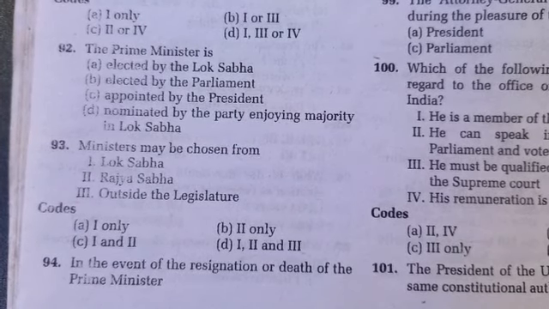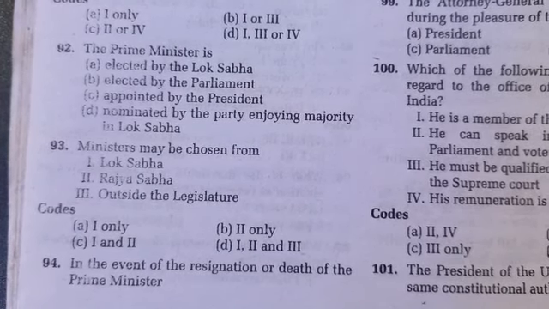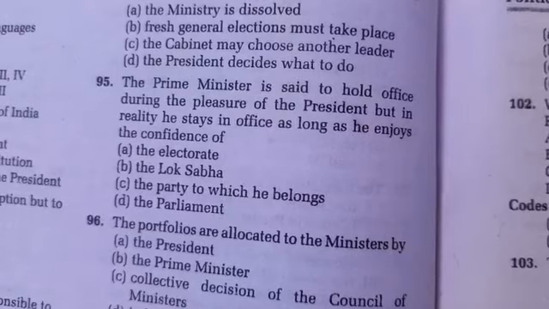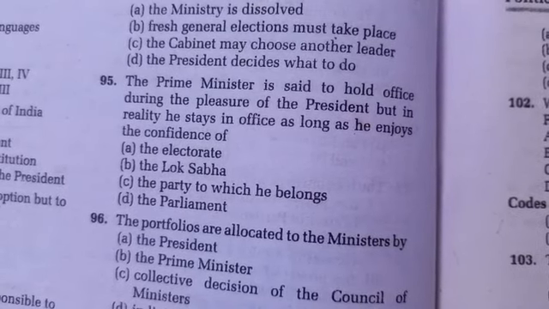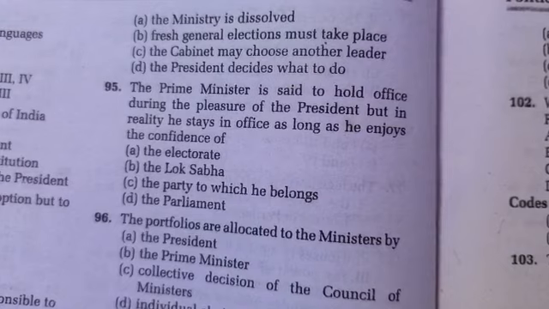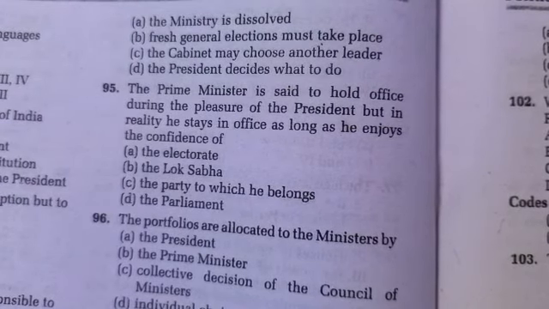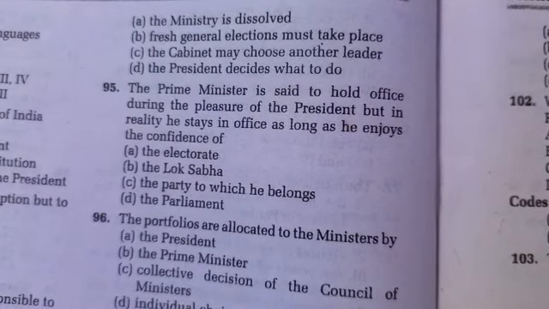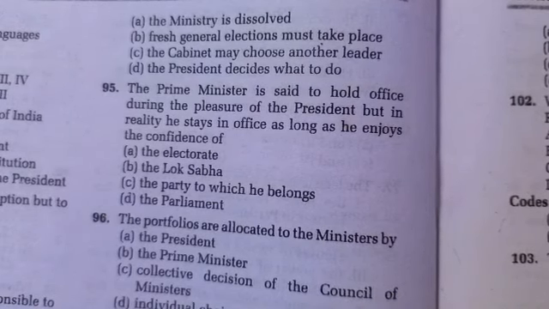In the event of the resignation or death of the Prime Minister, the ministry is dissolved, fresh general election must be taken place, the cabinet may choose another leader, the president decides what to do. So the correct answer is option A. The ministry is dissolved.